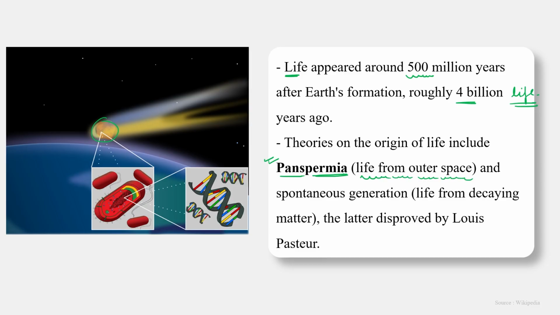Another theory, known as spontaneous generation, was also suggested by some philosophers at that time. In this particular theory it was suggested that life formed from decaying matter, meaning decaying wood, decaying food material, or these types of things.